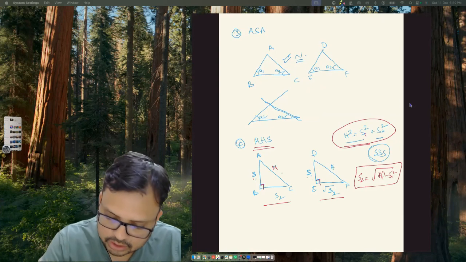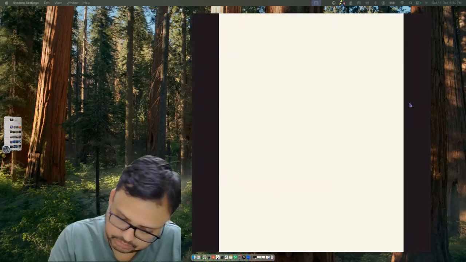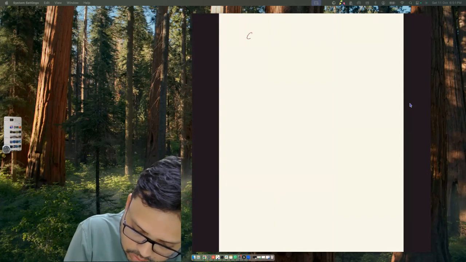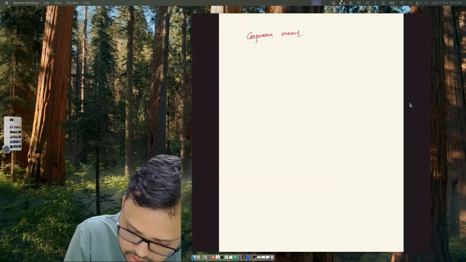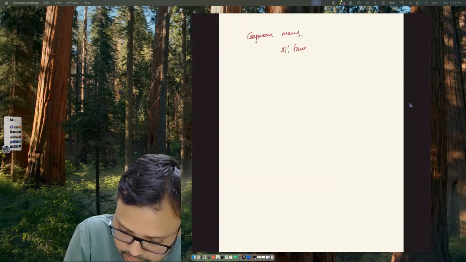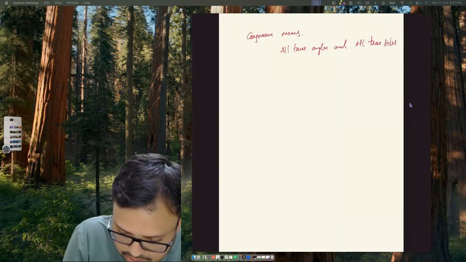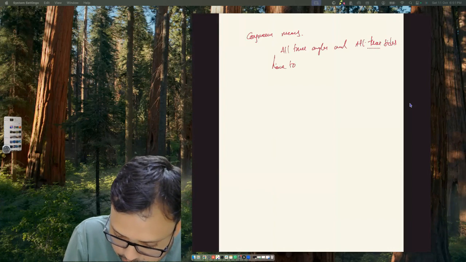So the most important thing that you learned is that congruence means all three angles and all three sides have to be same.